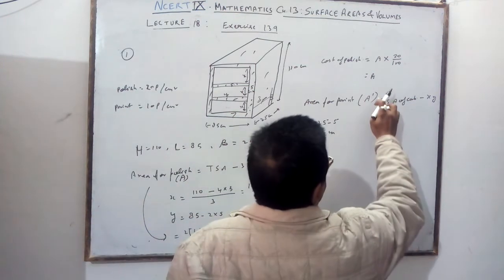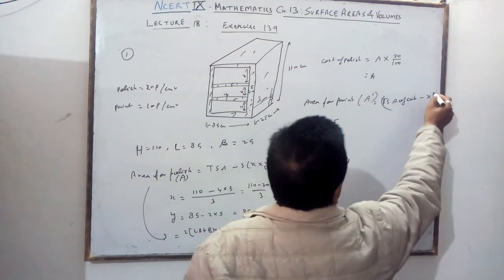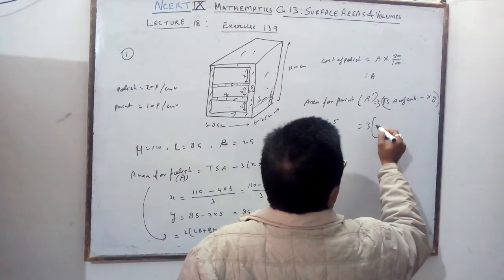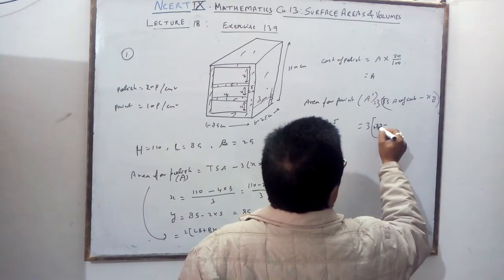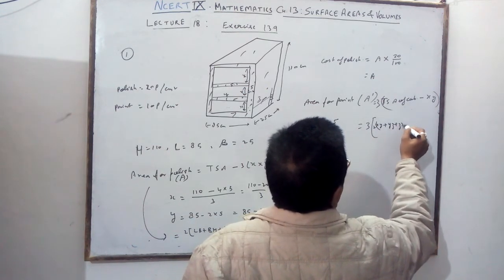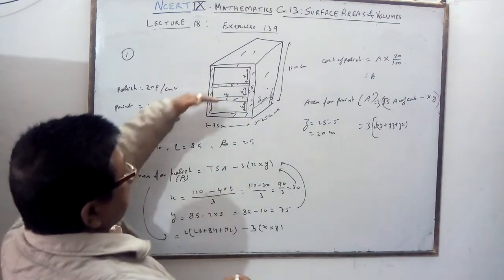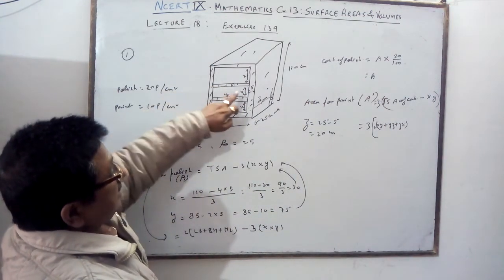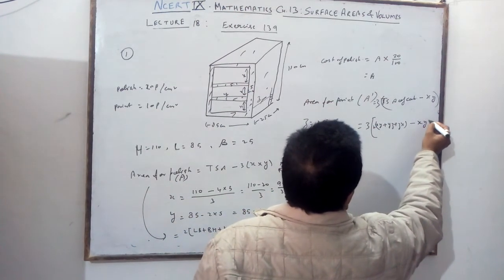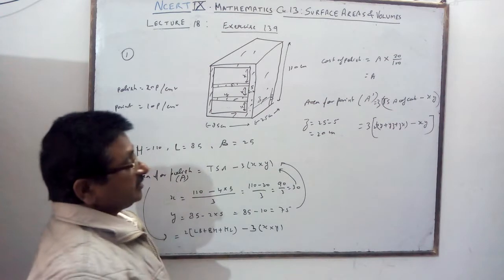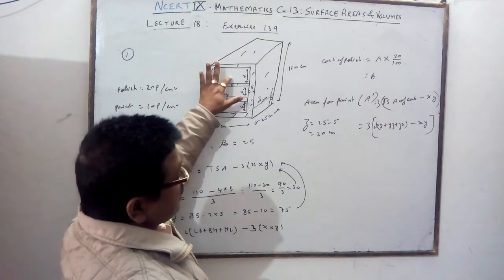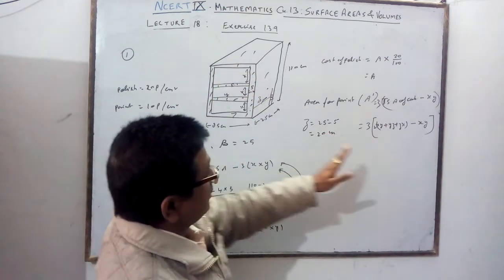So this is 3 times. How many cabinets are there? It will be 3 times. So your answer will be 3 times, TSA is 2 into XY plus YZ plus ZX, inside also, minus XY for the front side only. You will write down 3XY for 3 cabinets: 1 cabinet TSA minus front XY.